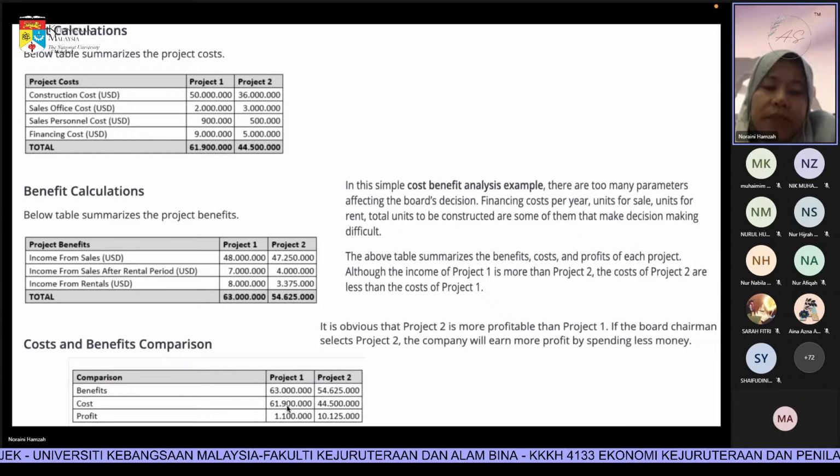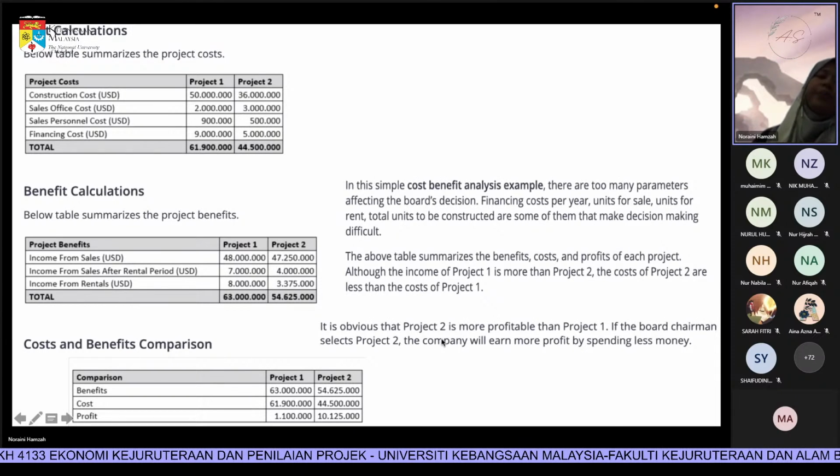Just minus: total benefits minus cost. And you get your answer there. In this case, which is bigger? For benefit minus cost, we want more benefit, so the bigger figure. The bigger figure is project 2. So it is obvious that project 2 is more profitable than project 1. Of course, they will choose project 2.